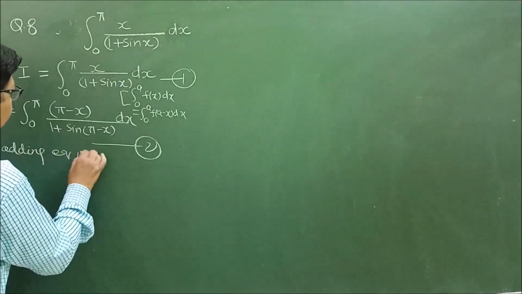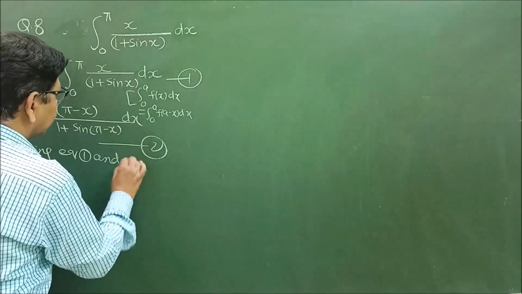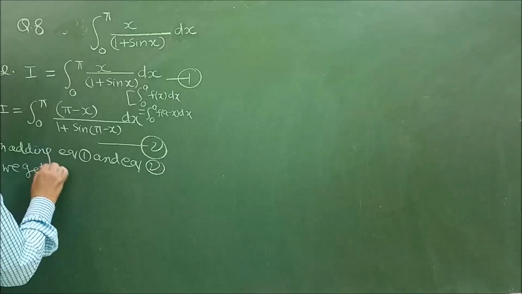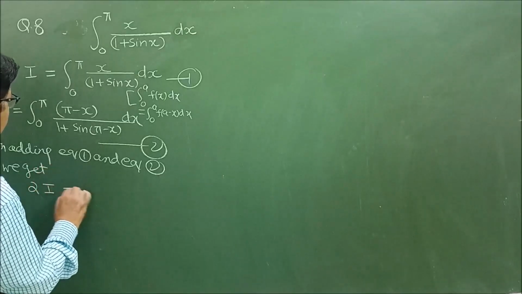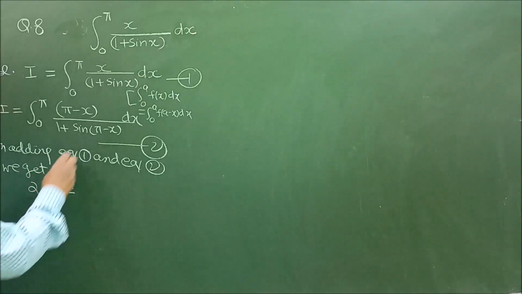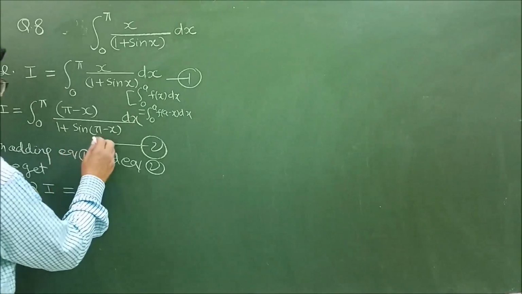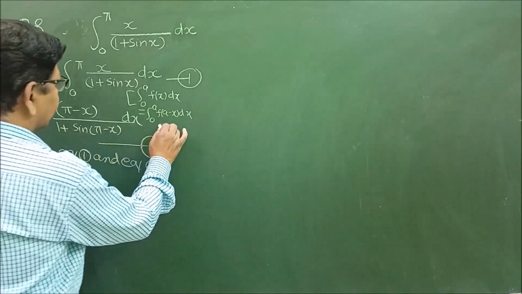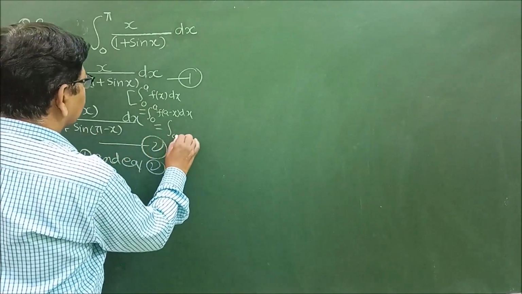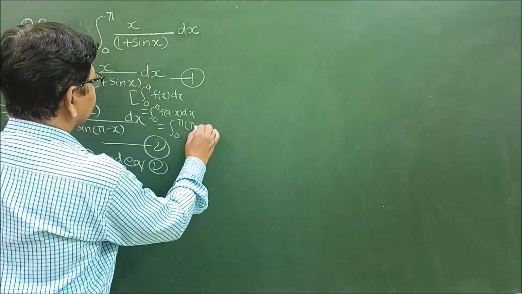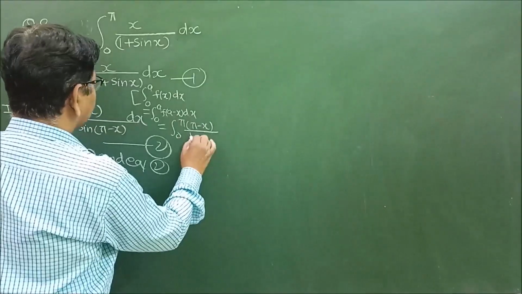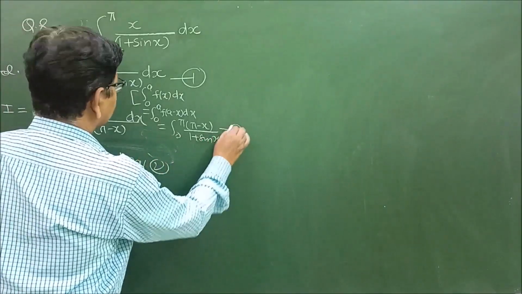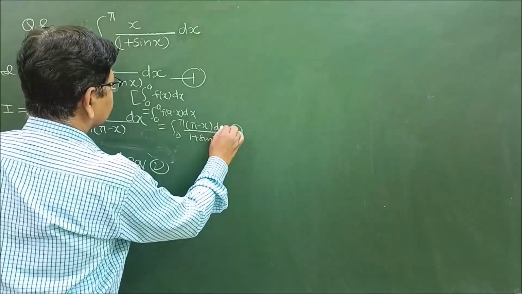Equation first and equation second, we get 2I in the left hand side, and in the right hand side both are having the same numerator, because the sine of pi minus x is sin x, so the second is 0 to pi, pi minus x upon 1 plus sin x dx.